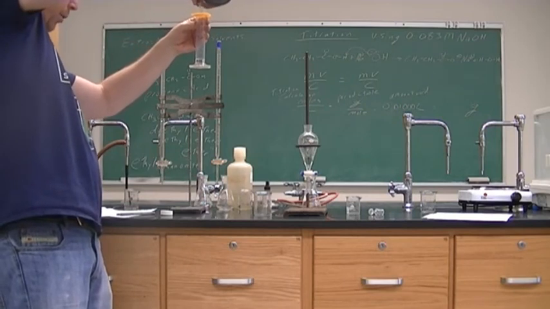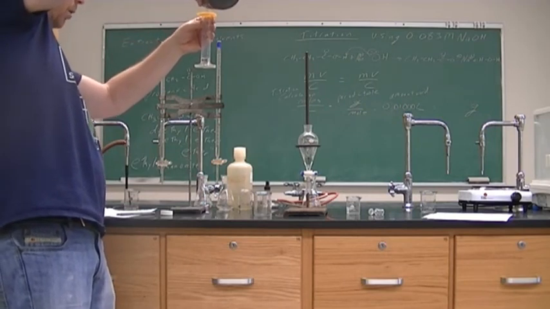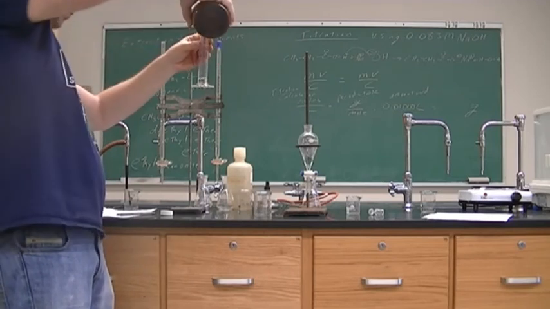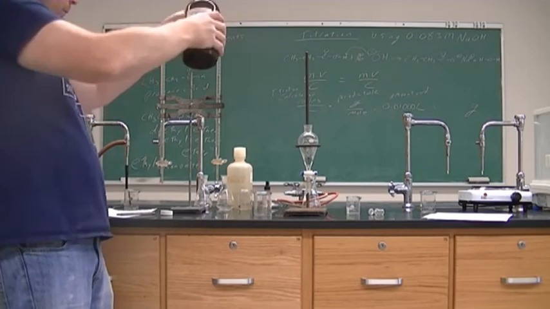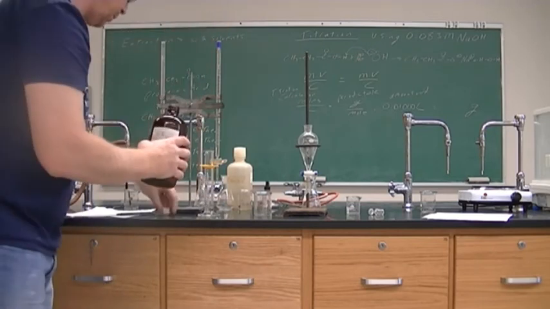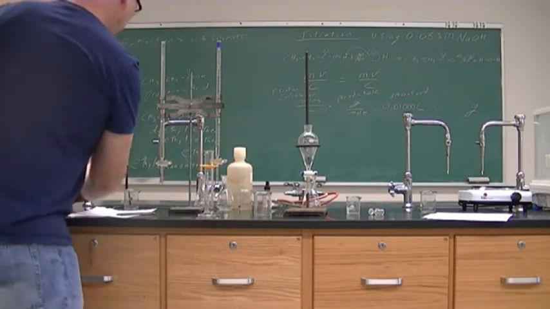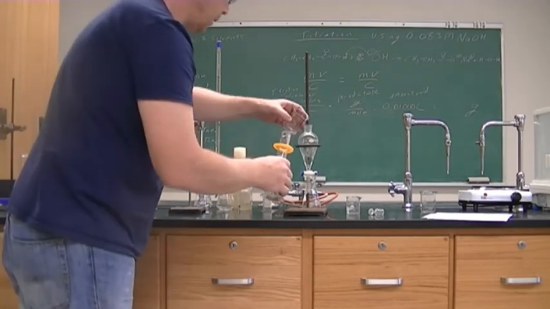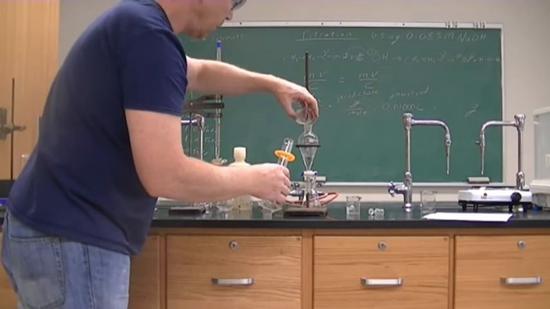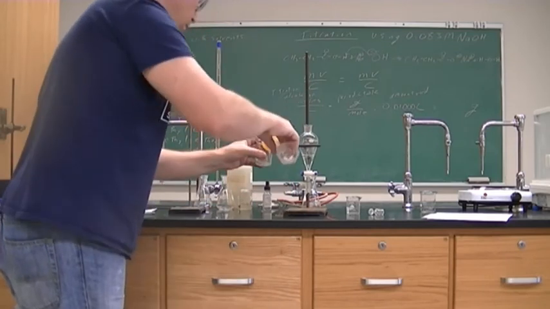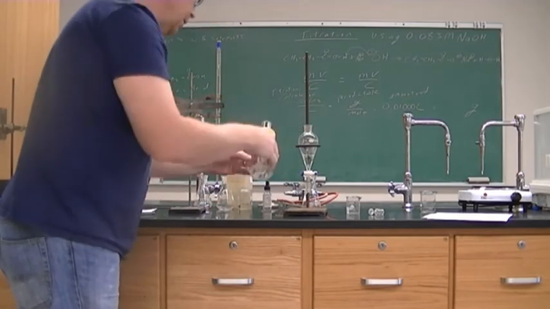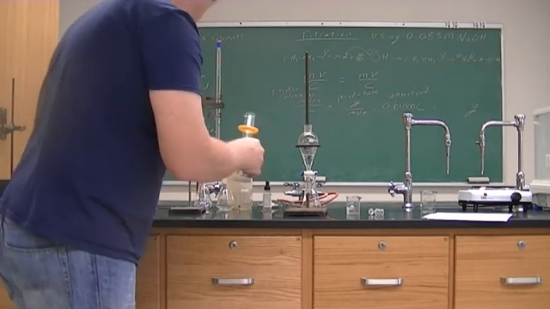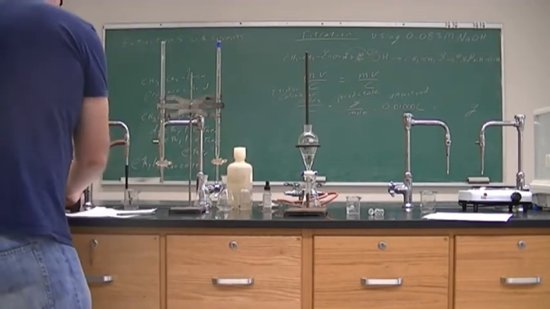So the amount of ether used is the same. Make sure all of the aqueous acid goes back in. So now we have our 5 mils of ether again.